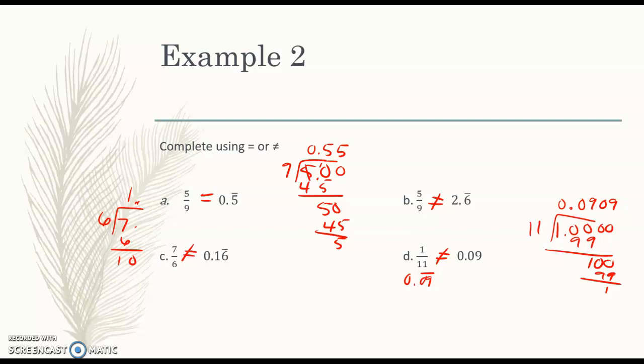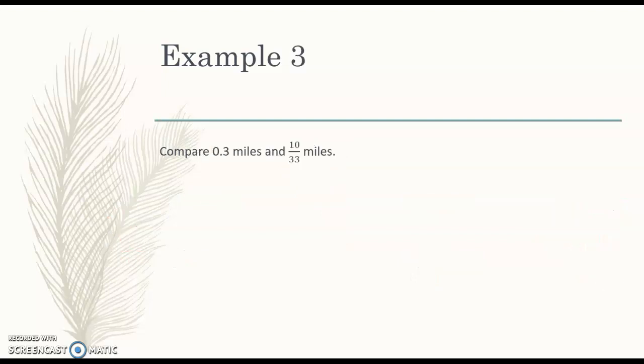We have one last problem where we're doing decimal expansion. We are going to compare 0.3 to 10/33 of a mile. And so I'm going to take the 10. It is easier to compare in decimal form. So 10 divided by 33. 33 does not go into 10, so that's a 0.